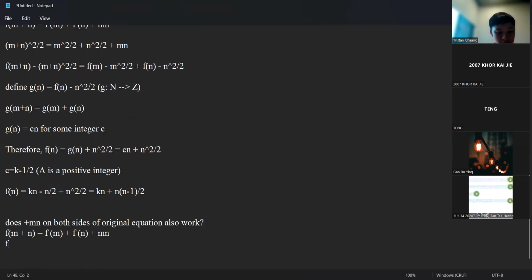So here we have, if you add mn on both sides, you get this. But then if gx is fx plus x, it can't be, right?